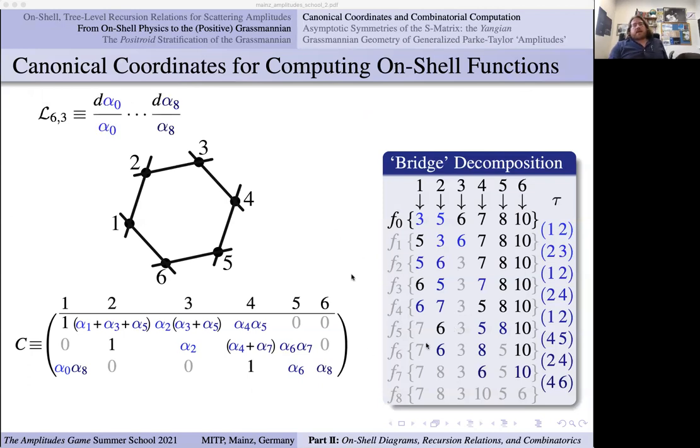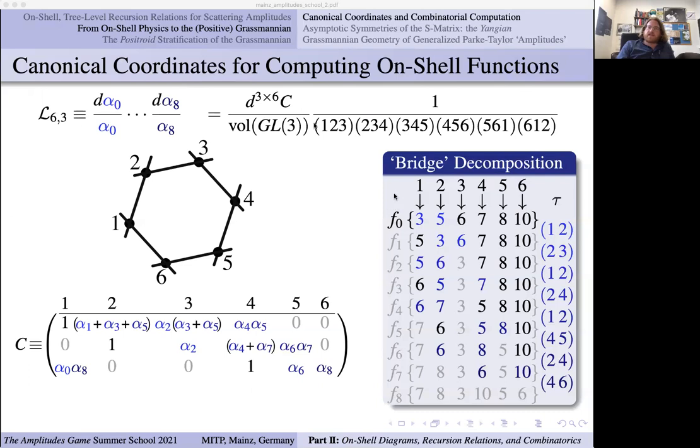And what we find is that this kind of configuration, where we actually go back up to the generic configuration, this wedge product of all these d logs, it turns out that as a differential form, this has another way of representing it. In fact, it is the volume form on G(3,6) times the product of all the consecutive minors of this matrix.